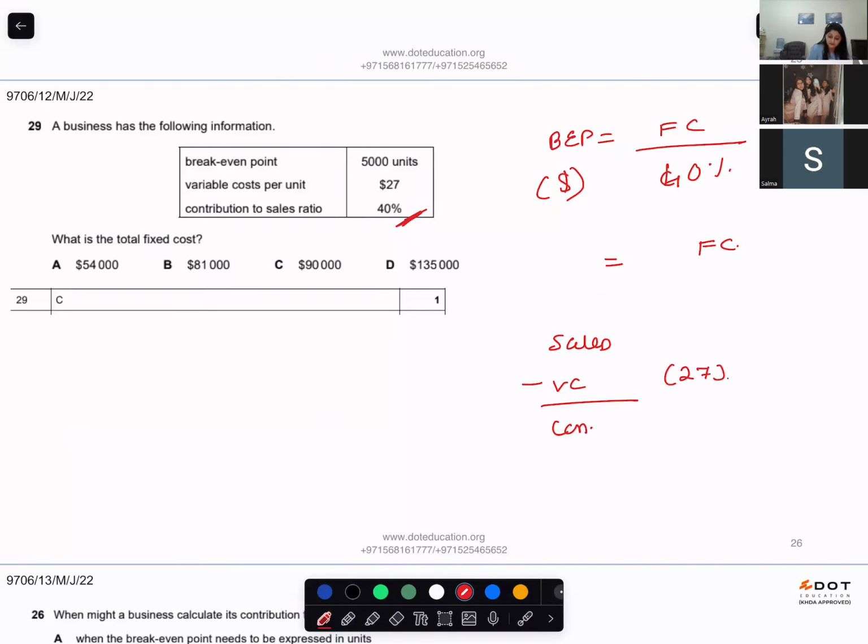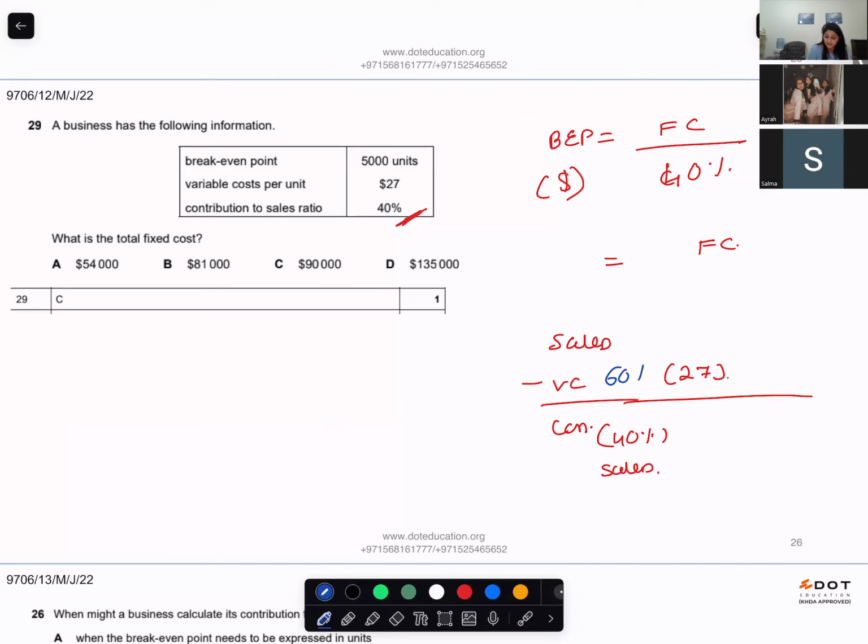Variable cost is 27. Contribution is 40% of sales. So variable cost is 60%. The sales is 100. 60% represents 27. So what is 40?